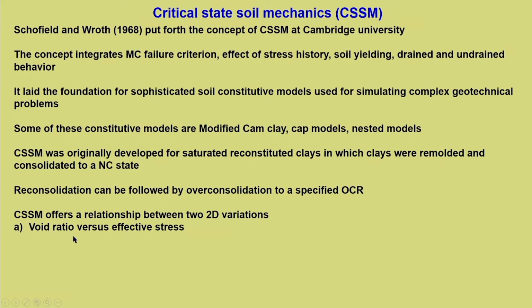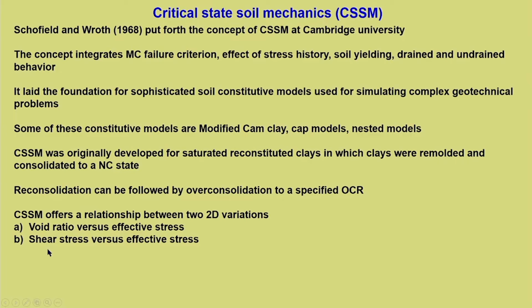The first one is void ratio versus effective stress, which is something we have already learned during consolidation. Not in this particular course, but we already have these basics from our undergraduate soil mechanics. Void ratio versus effective stress represents the consolidation condition. The second variation is shear stress versus effective stress. So, effective stress is common here.